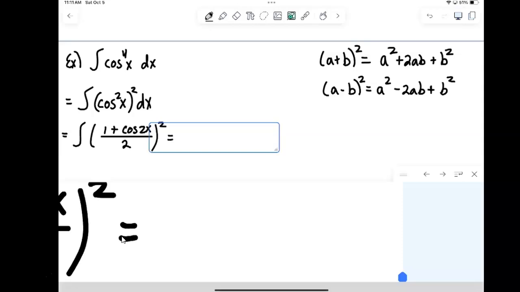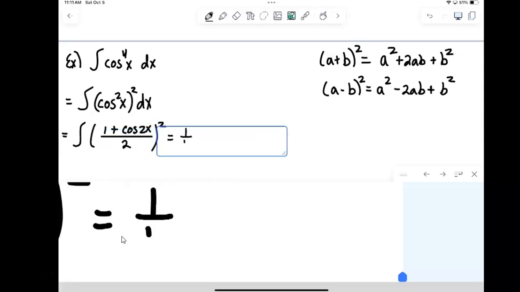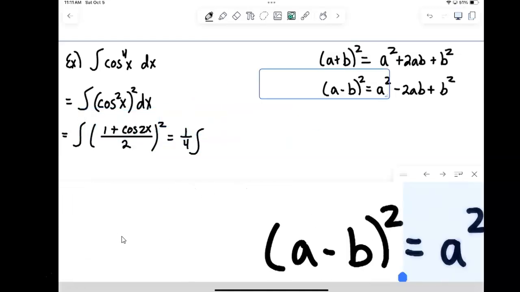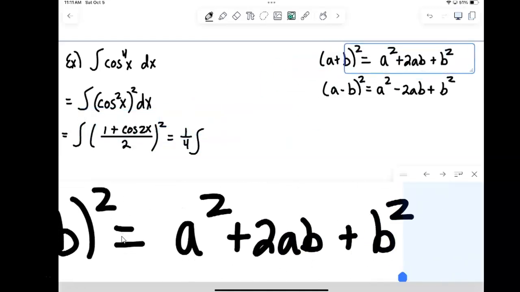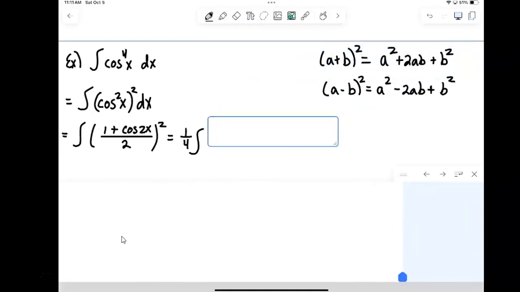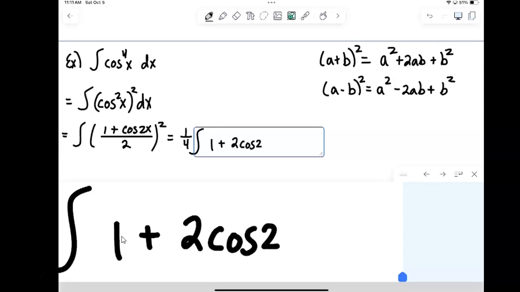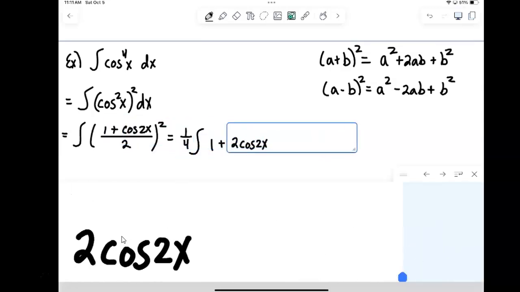The 2 squared is just going to be 1/4 out front. And then for 1 plus cosine 2x, I'm going to use my square formula to do it very quickly. That'll be the first thing squared, which is 1, plus twice their product, 2 times 1 times cosine 2x, plus the second thing squared.